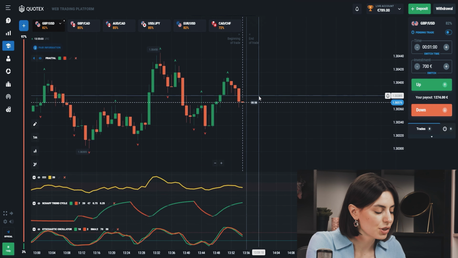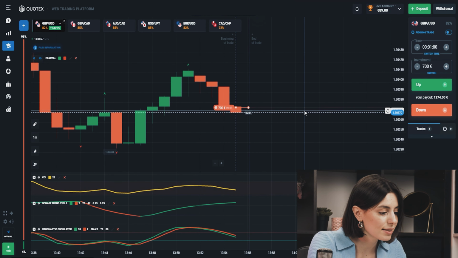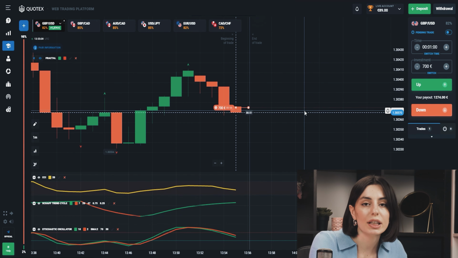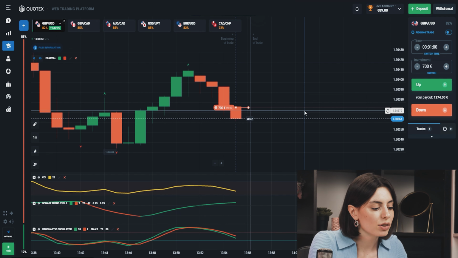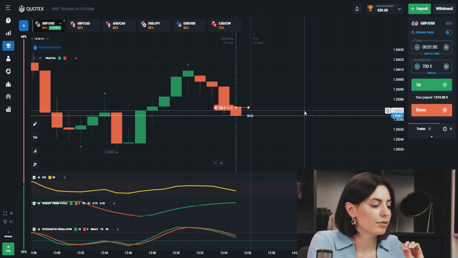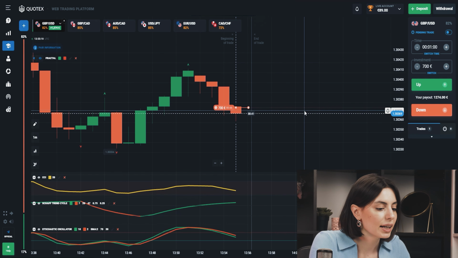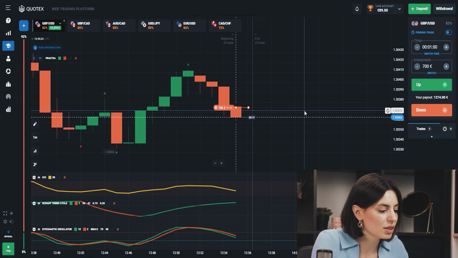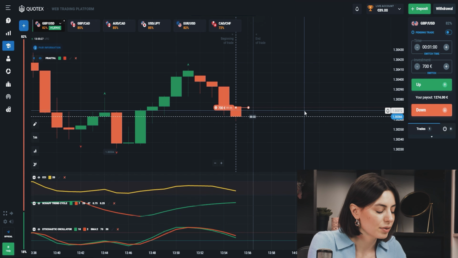Let's stay here just because all the indicators are showing that this is gonna continue. And we are still not even close to these support lines, and the price is pretty much falling at this moment. So in this short period it may still fall, and without any hesitation we can make a bet.